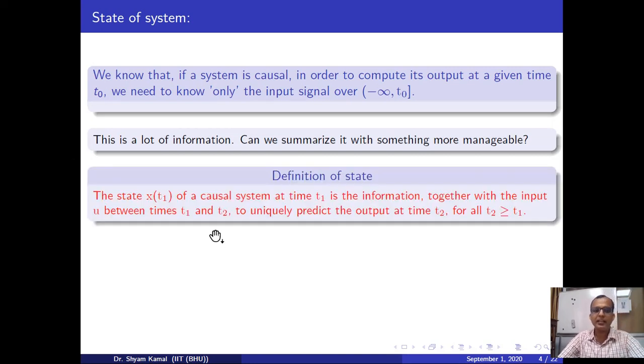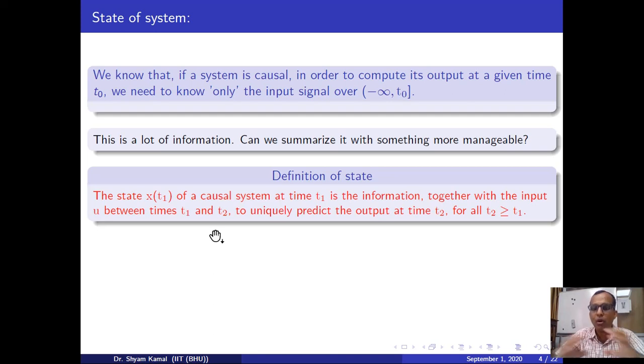So basically we already know the state x(t1) of a causal system at time t1, because the property of a capacitor is different from the resistor. We have seen that in order to calculate the voltage across the capacitor, whatever input current we are giving, we have to know information from minus infinity to t.